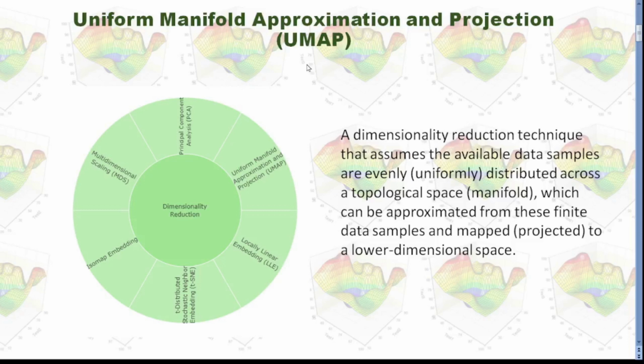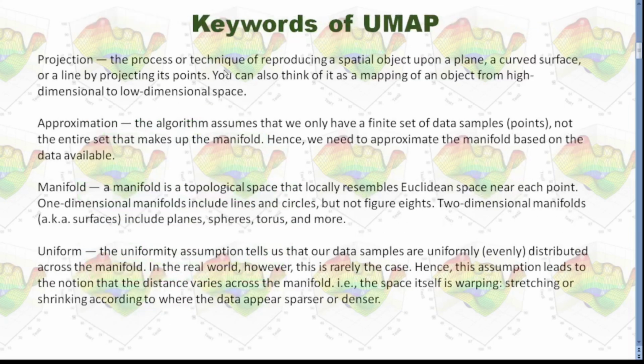Now you know UMAP is the acronym for Uniform Manifold Approximation and Projection. Let's go through those words one by one. Projection is a mapping of an object from high dimensional to low dimensional space.